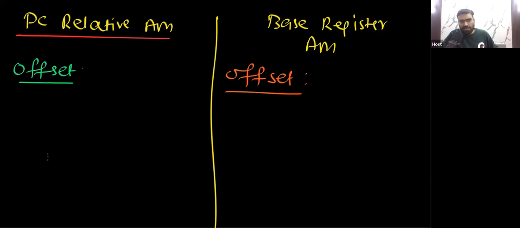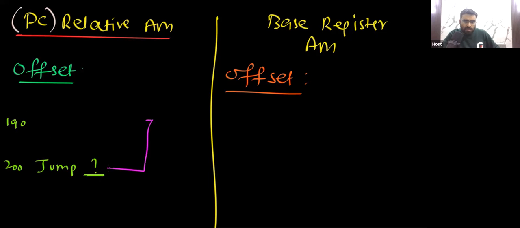In the PC relative addressing mode, or I can say relative addressing mode, if you want to jump to some location, let's assume you want to jump to this location from here.